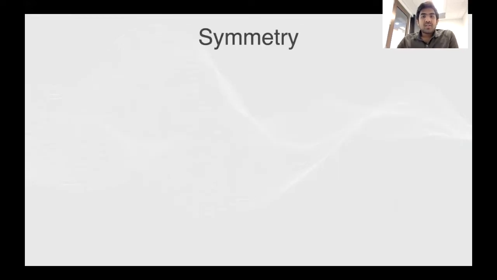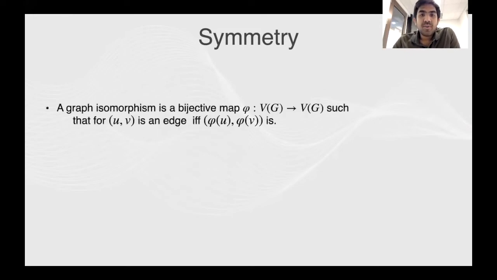All right. The other very interesting property graphs have is symmetry. Formally, a graph isomorphism or an automorphism is a bijective map between the vertices such that the endpoints of an edge are mapped to endpoints of another edge. So if u and v are adjacent, then f of u and f of v are adjacent, and vice versa. Such maps are called isomorphisms or automorphisms.